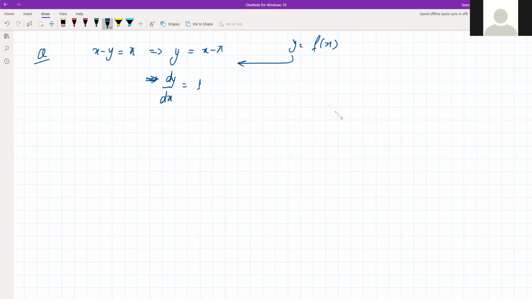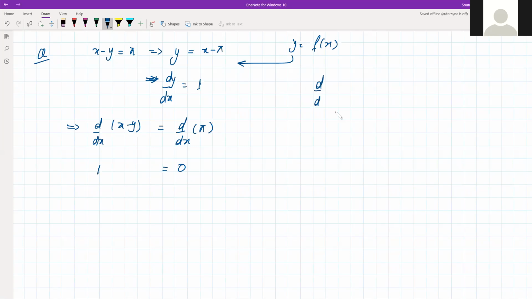So I can still solve it, and it was simple, so I did it. But there is another way of doing it, that is you start differentiating this on both the sides, that is d by dx of x minus y is equals to d by dx of pi. Pi is a constant, so that differentiation is 0. This differentiation d by dx of x is actually 1.